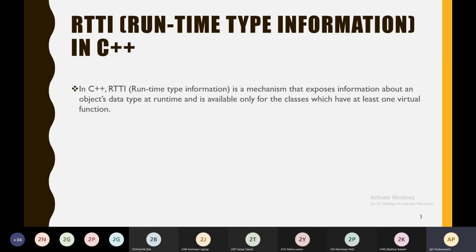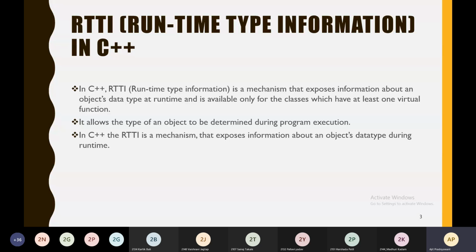In C++, runtime type information is a mechanism that exposes information about an object's data type at runtime and is available only for classes which have at least one virtual function. It allows the type of an object to be determined during program execution.